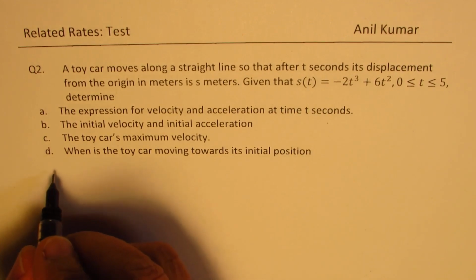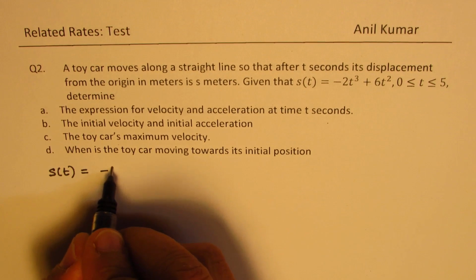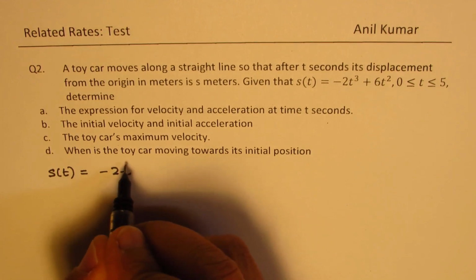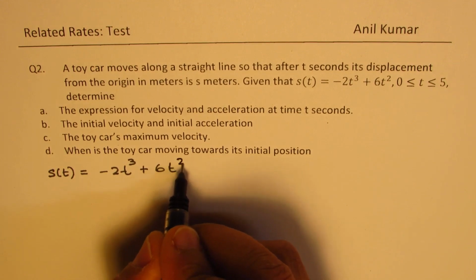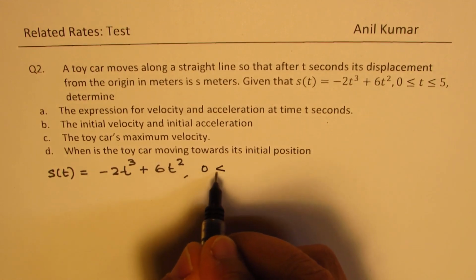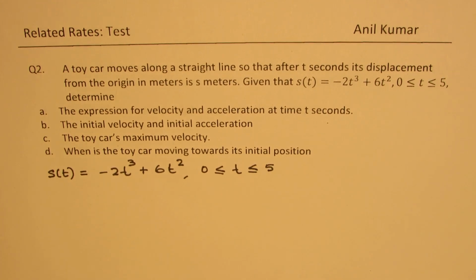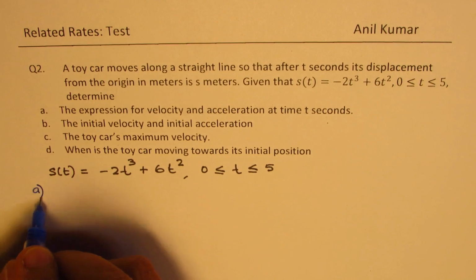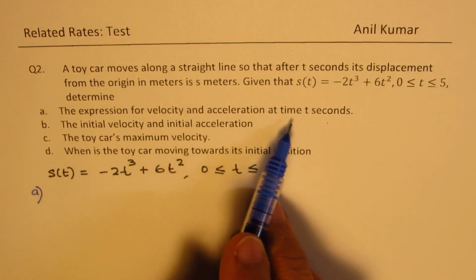We are given the displacement, s of t equals minus 2t cube plus 6t square, under a boundary condition where time is between 0 and 5, both included. Now part A of this question is the expression for velocity and acceleration at time t.